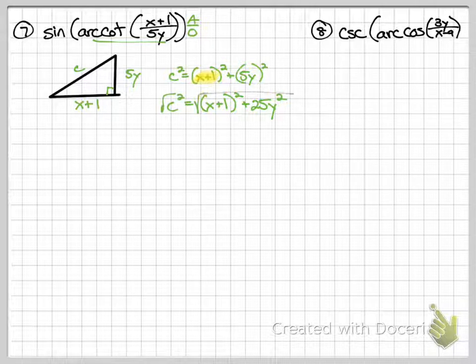Square root both sides. Instead of a c, I'm going to write the square root of x plus 1 squared plus 25y squared. It doesn't matter if you wrote the 25y squared first or the x plus 1 squared first, but better say addition in the middle of that.